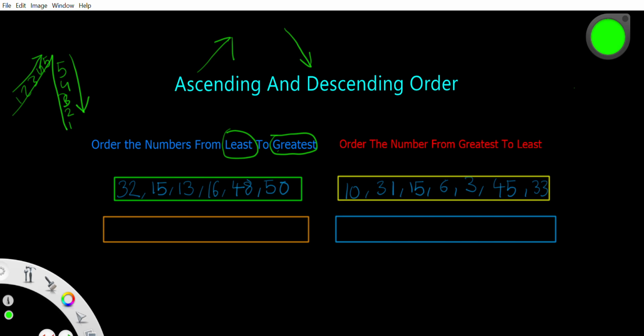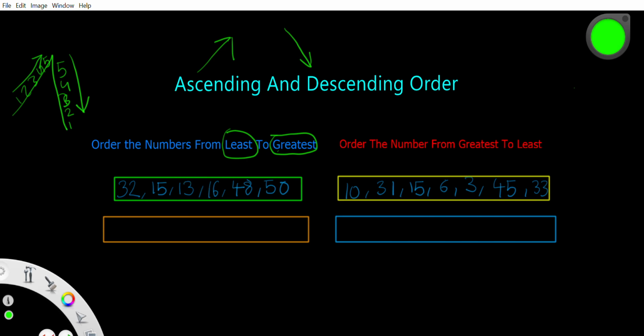And we have 15 here, and we know that 15 is greater than 13, so that's not going to be the answer, because we already found a number that's smaller than 15. So it's not going to be 15.